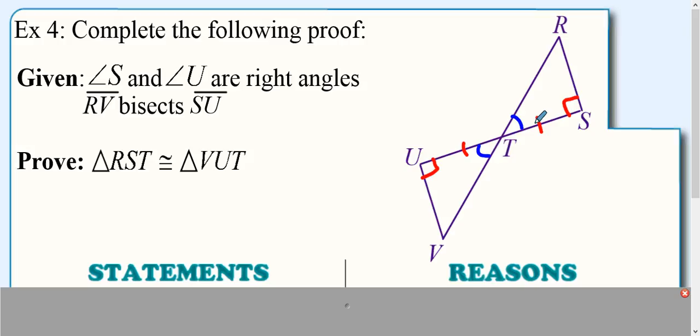So now that we've got the triangle marked up, we can choose which three-letter property: side, side, side, SSS; side, angle, side, SAS; or angle, side, angle, ASA. We can choose which of those matches up for these triangles. We've got two angles, and we've got the side in between. That's going to be ASA.